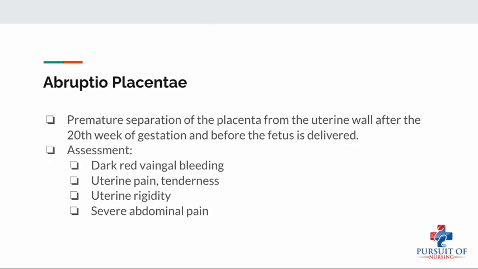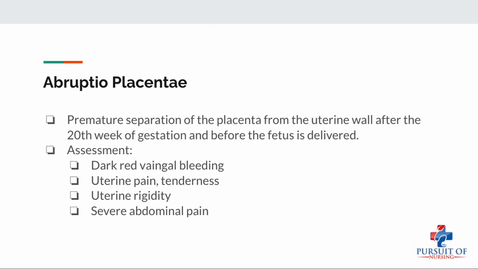Now, with placental abruption, this is the premature separation of the placenta from the uterine wall after the 20th week of gestation and before the fetus is delivered. This is going to be characteristic of painful, dark red vaginal bleeding. So they're going to suffer with uterine pain, uterine tenderness, uterine rigidity, accompanied with abdominal pain.